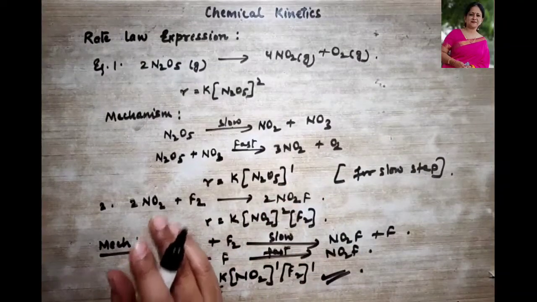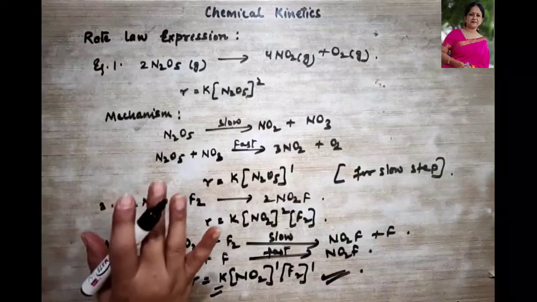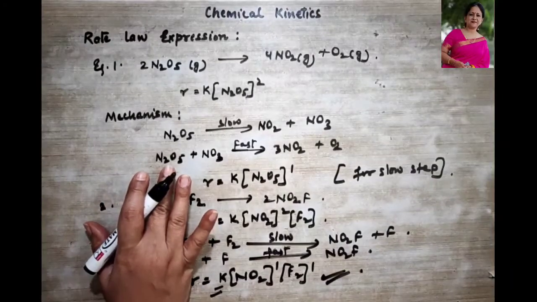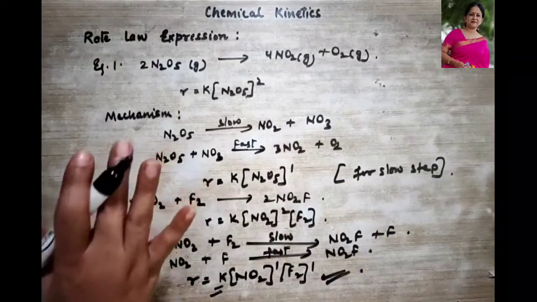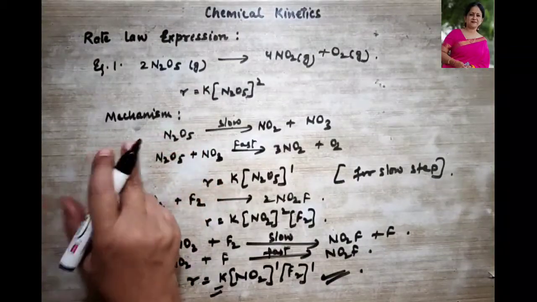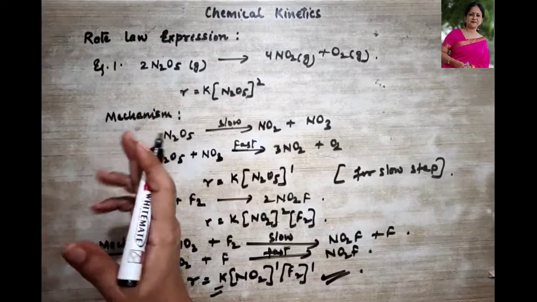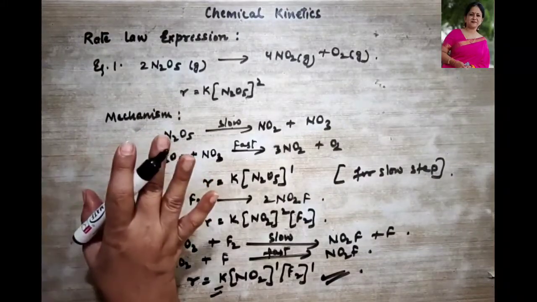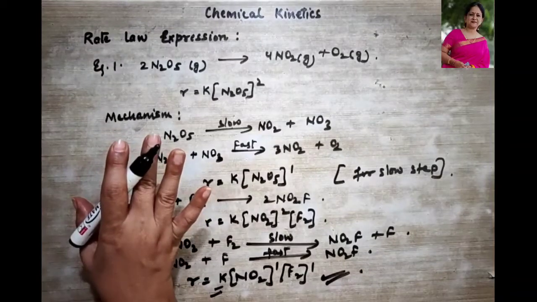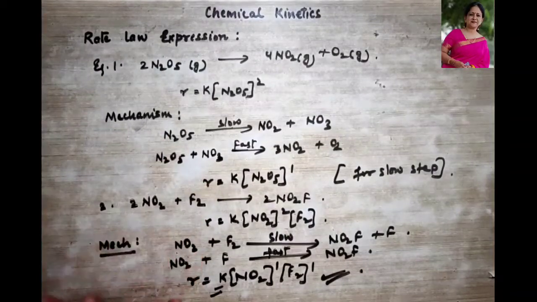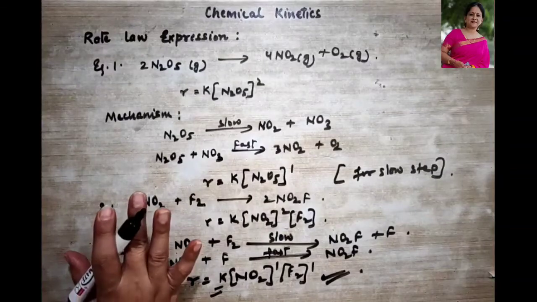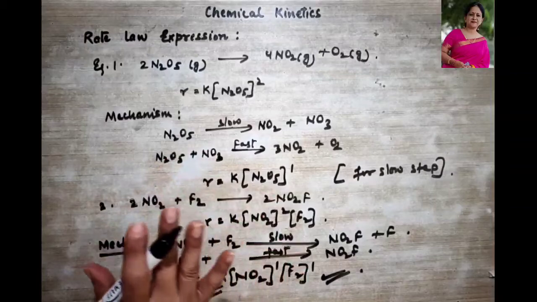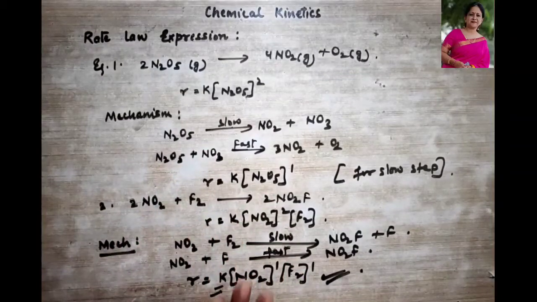A particular reaction has a definite value of K at a particular temperature, right? Also, the value of the rate constant always increases with the increase in temperature. It does not depend upon the initial concentration of the reactants, and its unit completely depends upon the overall order of reaction, which I had already explained earlier, right?